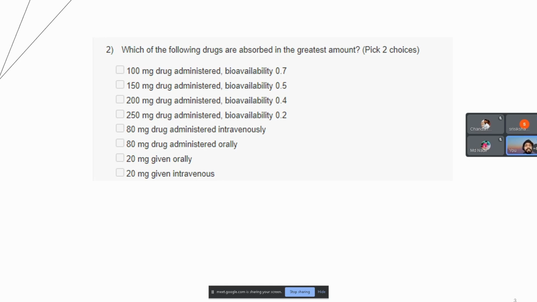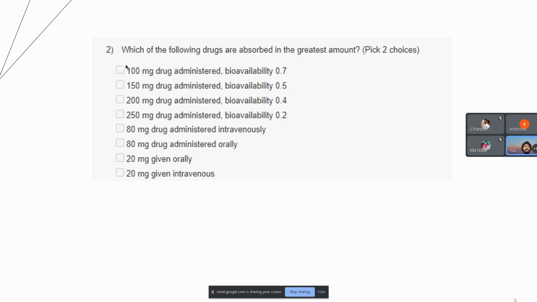How would you calculate the amount of the drug? Like you said, 100 mg drug administered with bioavailability 70%, do you need to calculate that first? Correct, you are absolutely correct. You need to look at the options in that way.